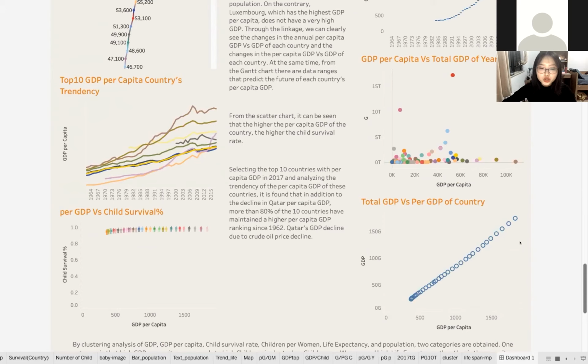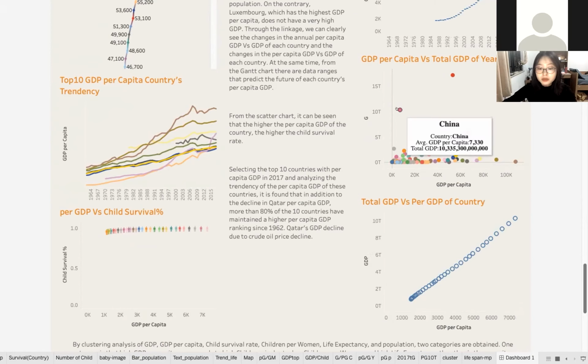In the next chart, GDP per capita compared with GDP shows that countries with high GDP may not necessarily have a high GDP per capita, similar to China here.